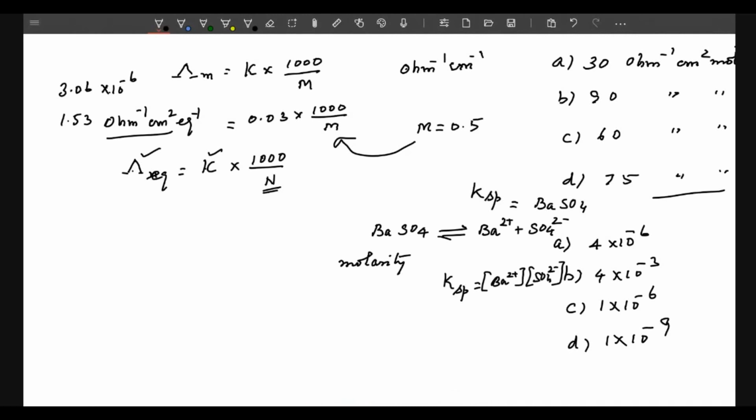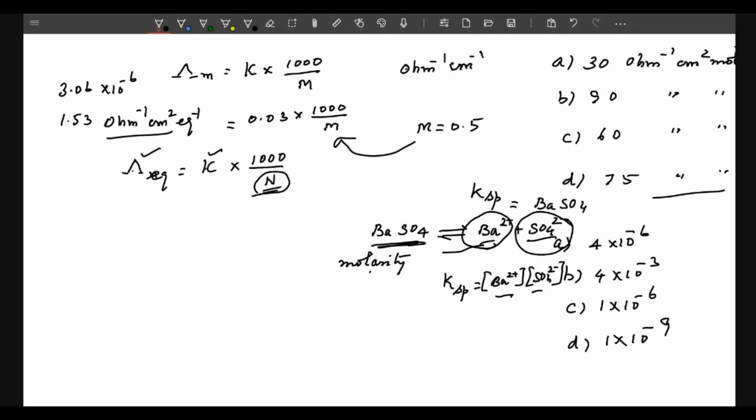Since it's a sparingly soluble substance, a very dilute solution, it is completely ionized into barium ion and sulfate ion. So many molars of barium ion, so many molars of sulfate ion would be there. Put in this, you will get the solubility product. Therefore, using this data, you can calculate the normality.